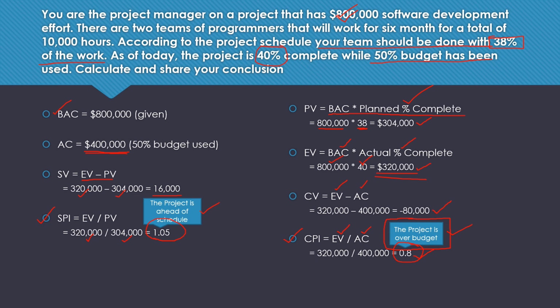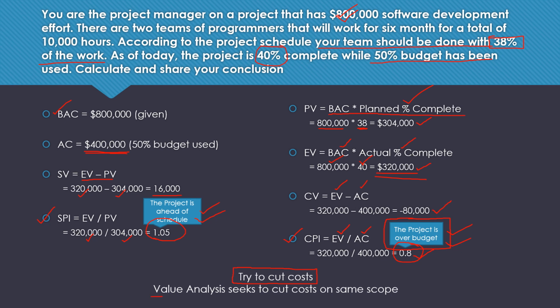So we are in a very interesting situation here, where your project is actually ahead of schedule, but it is also over budget. So what do we need to do now? What you need to do is try to cut costs. How can you cut costs so that your cost overrun can be mitigated or eliminated?